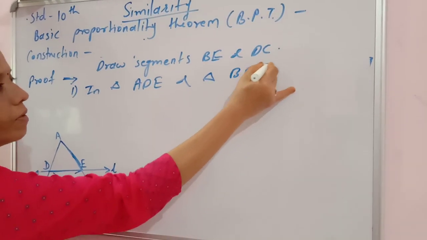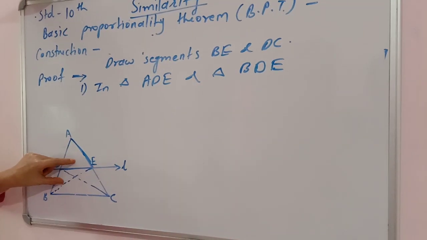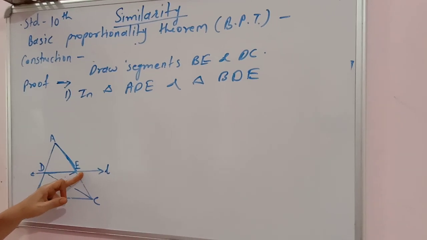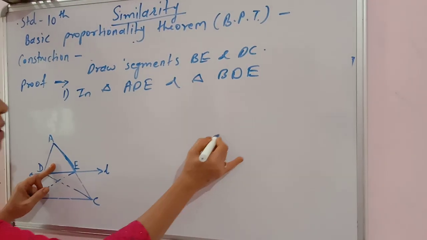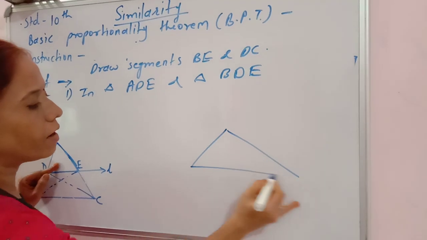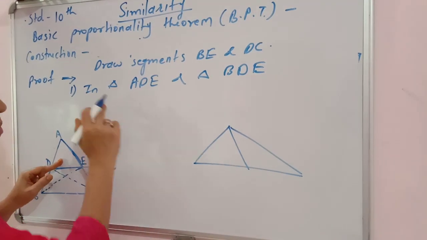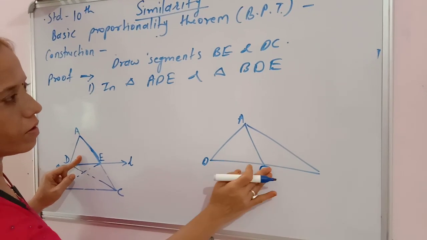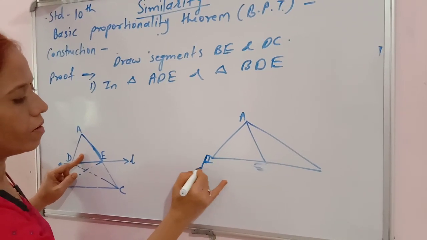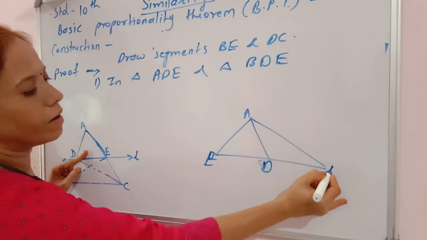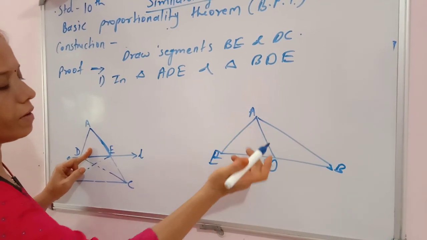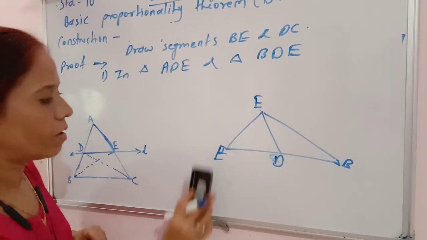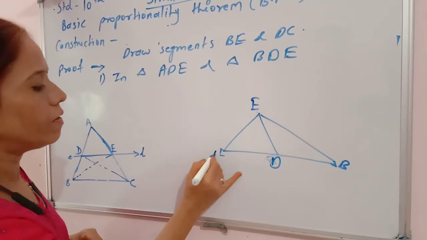Now these two triangles have common vertex E. So these two triangles have same height. Yesterday we have seen a figure like this, that if these are the two triangles, suppose I am giving the same names here, ADE and BDE.